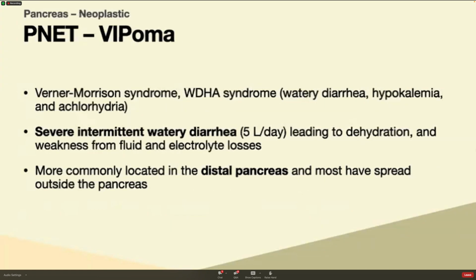For VIPoma, this leads to Verner-Morrison syndrome or WDHA syndrome, which stands for watery diarrhea, hypokalemia, and achlorhydria. So the distinguishing feature in this is that there's severe watery diarrhea, and the lesion is usually located at the distal pancreas.